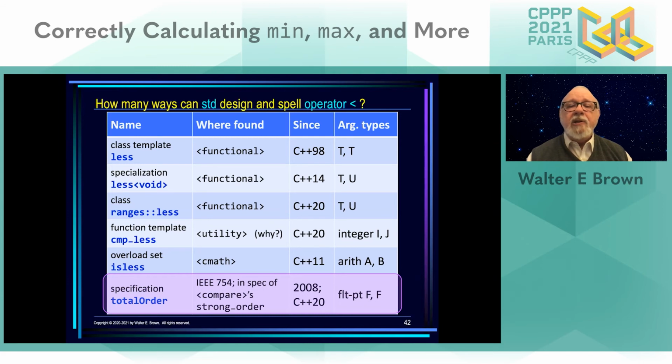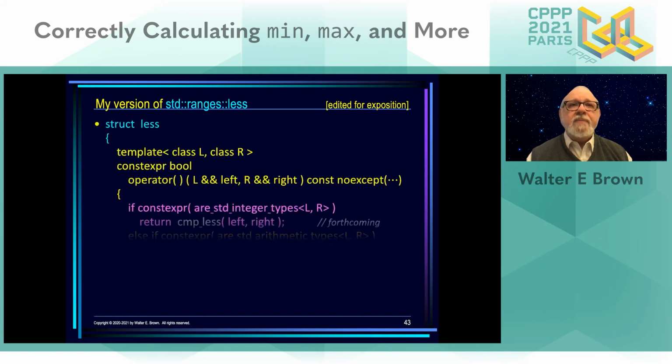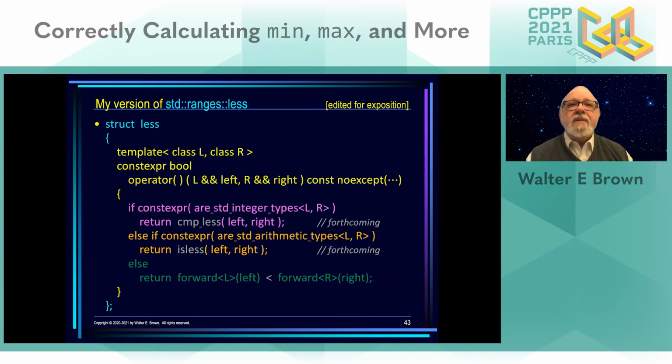And let's look at some of these, at least my versions of them. So here's my version, slightly edited, of standard ranges less. This is not what the standard specifies, but I'm not sure why we don't. So given two types, L and R, we take them by forwarding reference.